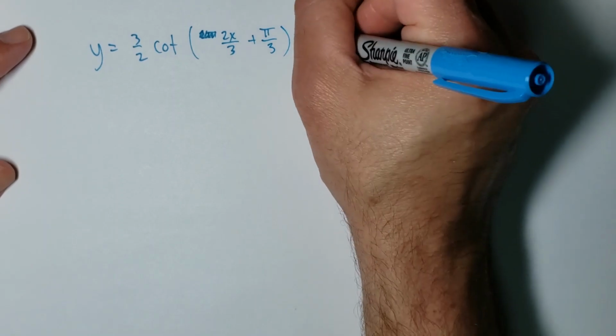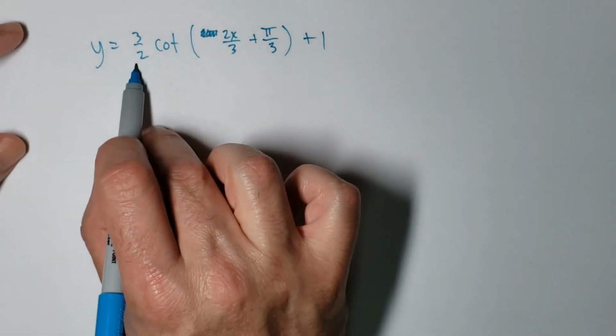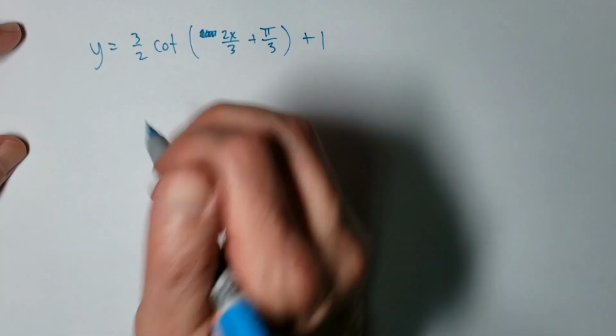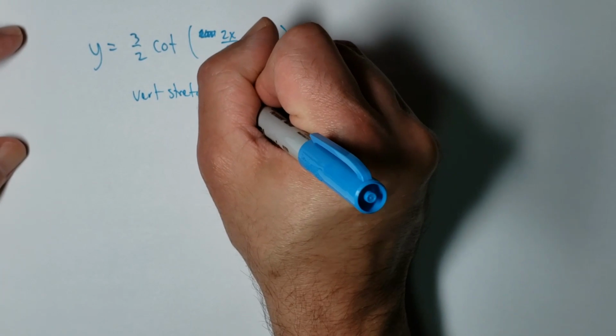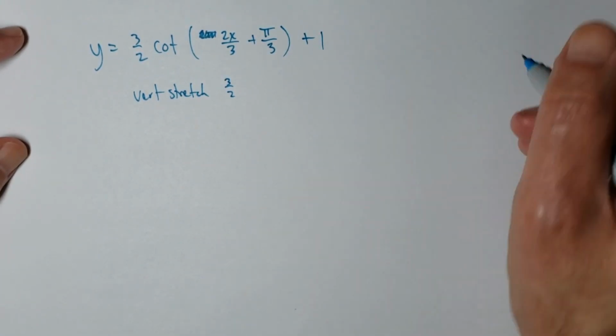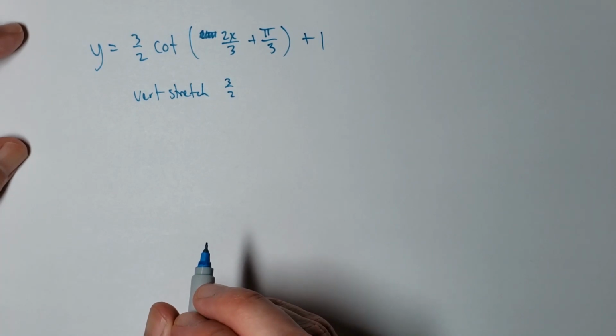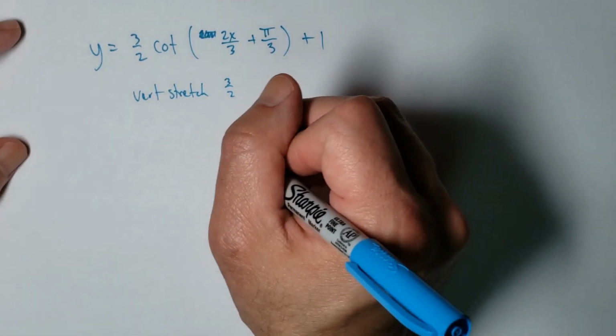And then we'll go plus 1. Okay, so the A value is 3/2, so we're going to have a vertical stretch of 3/2. Again, we don't say that it is an amplitude, because amplitude is a word that is involved with sine, like with waves. So this isn't a wave.